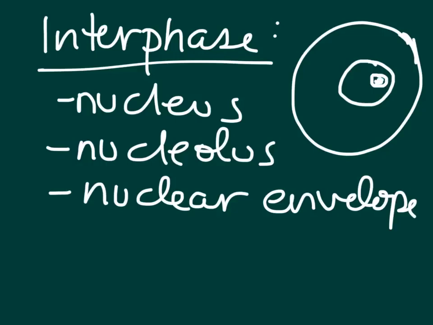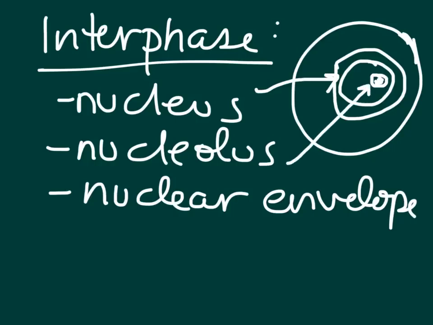Well, here's the nucleus. That whole thing is the nucleus. The nucleolus would be that thing on the inside. The nuclear envelope is the membrane that defines the border of the nucleus. And in interphase, it's intact. So there is a completely intact nucleus.